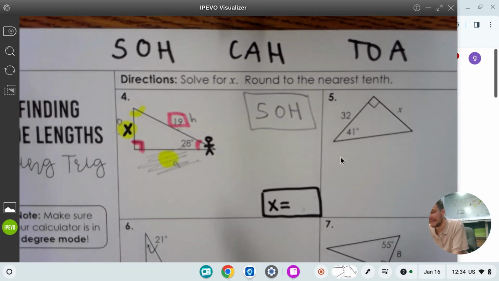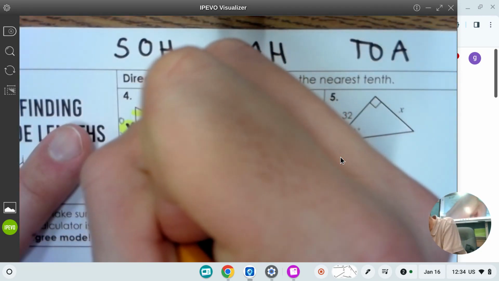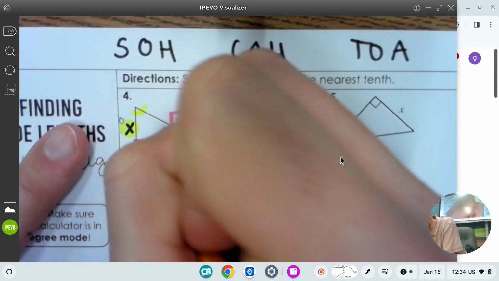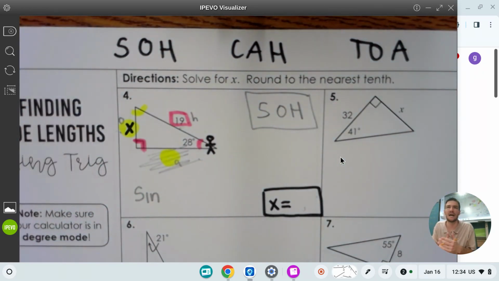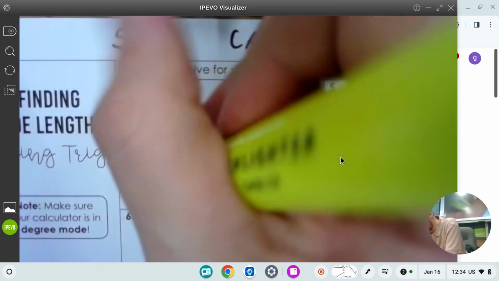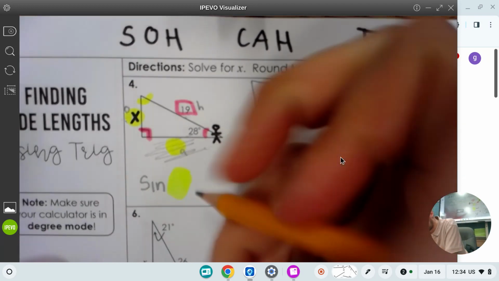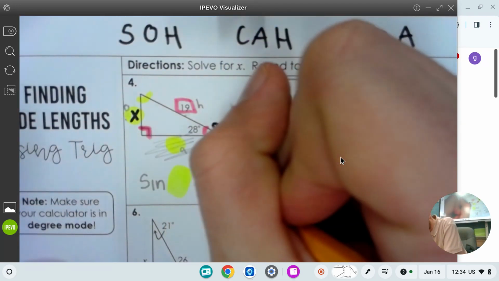Okay? What we need to do is set up our little equation here. We're going to write SIN, which is short for sine. And it's not that much shorter, but the other ones are considerably shorter. And then we're going to have a little spot right here. We're going to have equals a fraction.